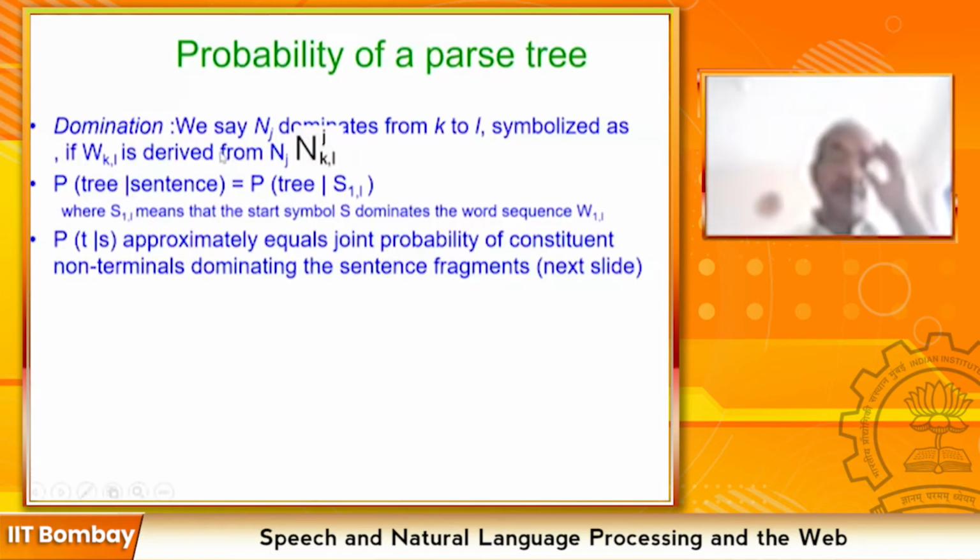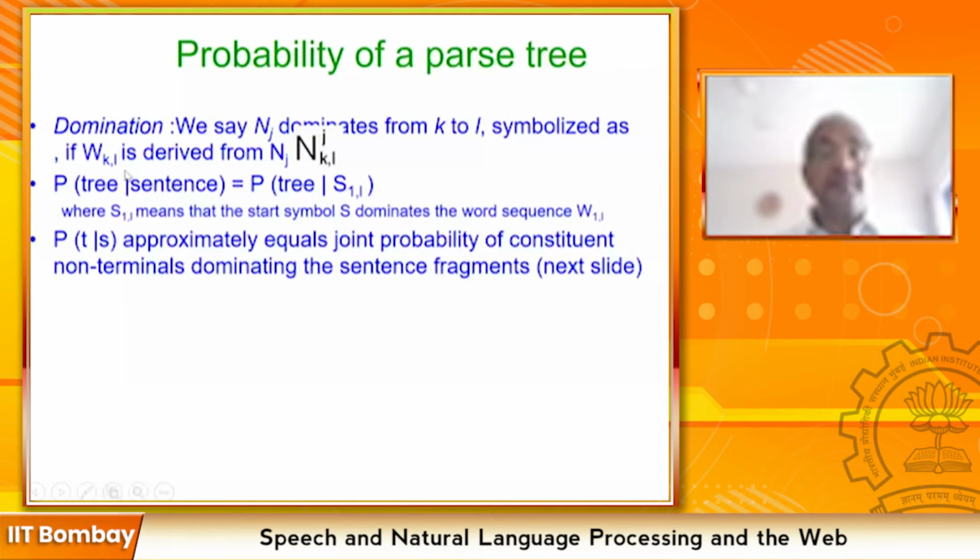If I have a sentence and I study the sentence from kth position to lth position, then I ask, is it derivable from a non-terminal NJKL? So lower suffix KL means from position K to position L, and J is the jth non-terminal. So this is the notion of domination, which means, is there a subtree rooted at NKLJ which is spanning from kth position to lth position?